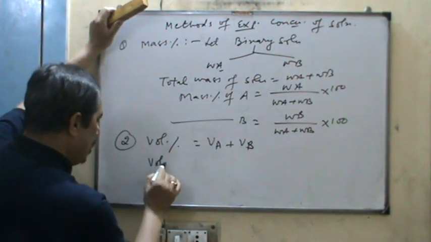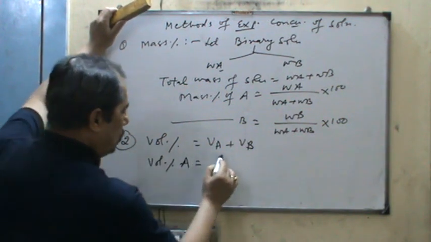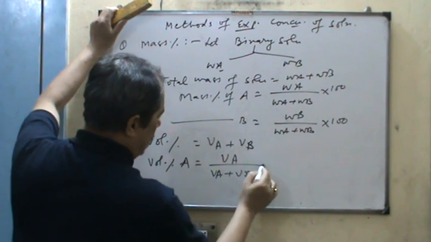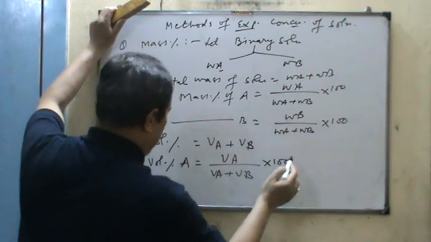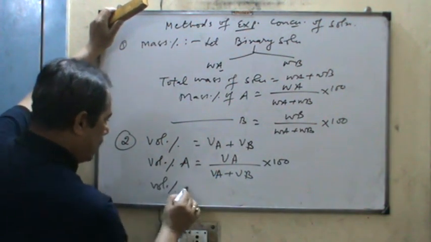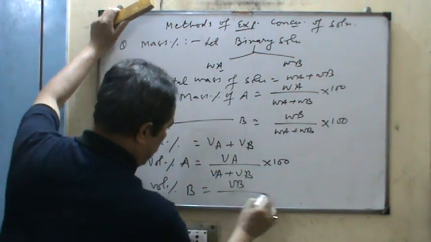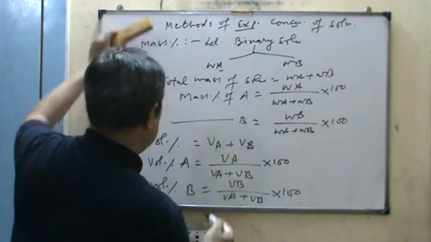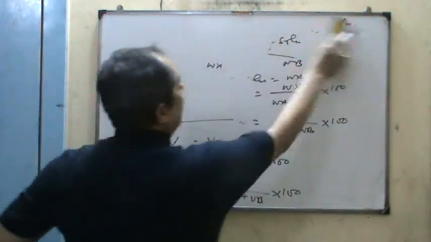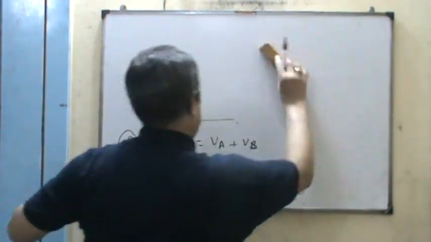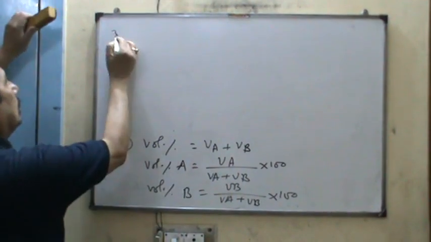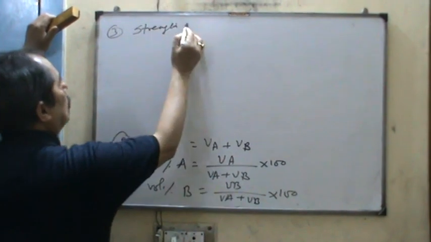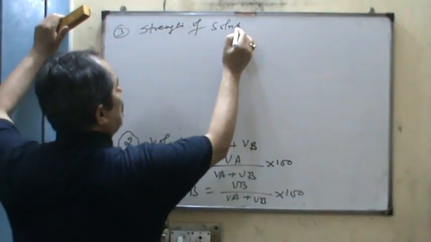So volume percentage of A is equal to VA upon VA plus VB multiplied by 100. Volume percentage of B is equal to VB upon VA plus VB multiplied by 100. This is the way you can calculate mass percentage and volume percentage.